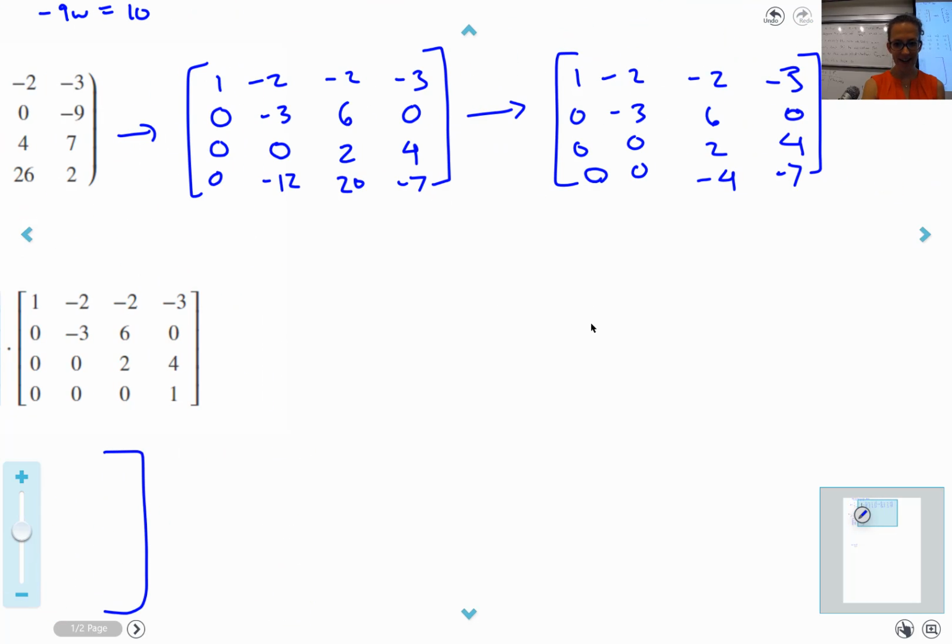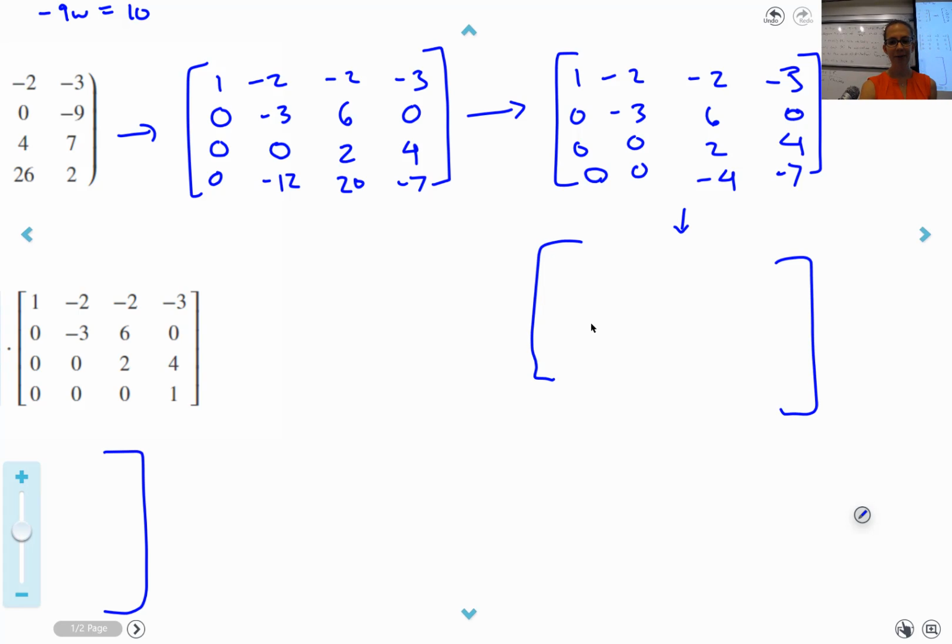Okay, so now we're getting rid of this negative 4 that's right here. So the good news is the top 3 rows are in good shape in terms of moving to our upper triangular matrix that we want in Gaussian elimination.